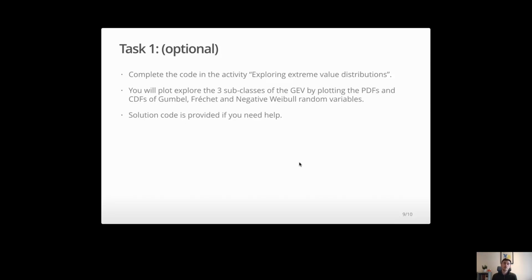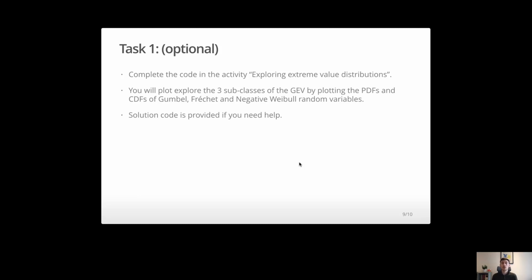Now looking on to some tasks to help you build some more intuition about extremal types and about this GEV distribution and its subclasses. The first task is optional, but if you have time, I highly recommend you take a look at it. That's to go to the Moodle page and complete the code in the activity file exploring extreme value distributions. This code lets you look in a very similar way to what we just have with the GEV, but at each of its subclasses.